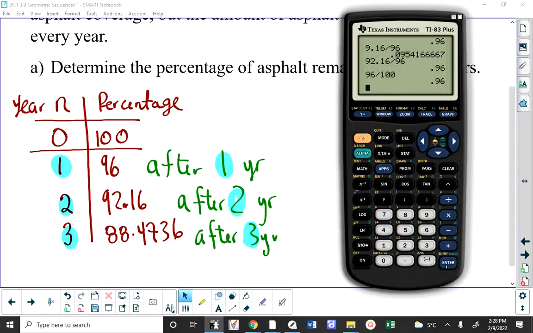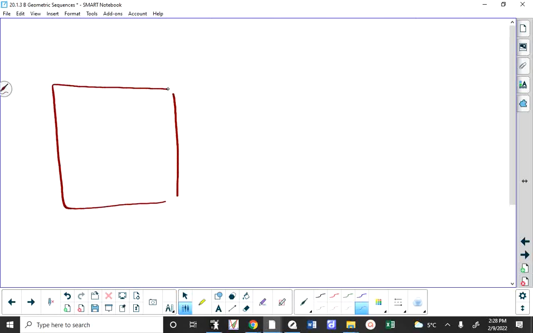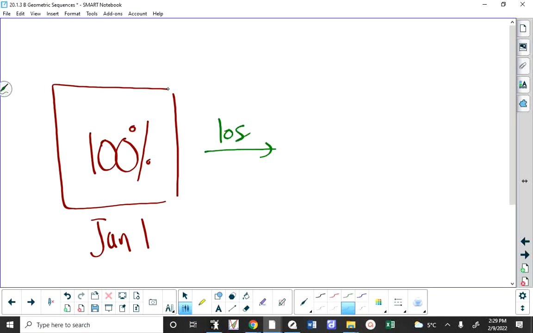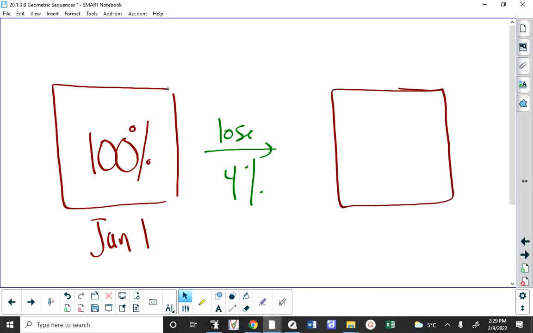Why is it 0.96? Well, look, if you have 100% of something, this is January 1st of the year, or it's the day the shingles were installed. You have 100%, and I lose 4%, that means that this thing has a piece missing.